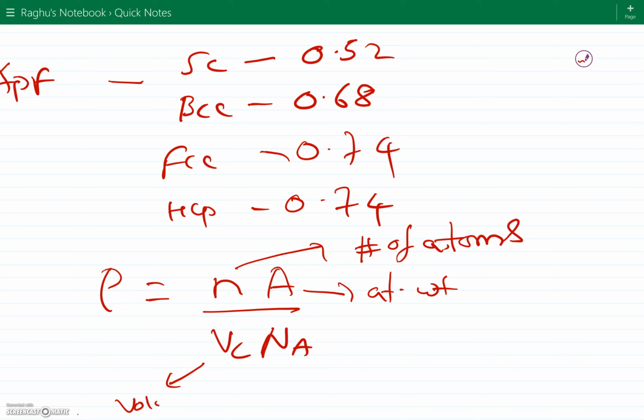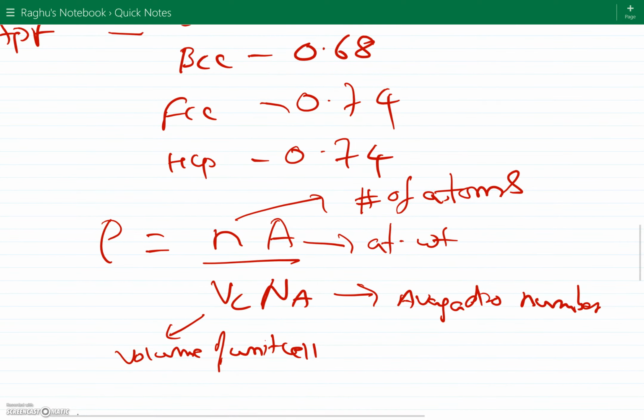This is the volume of the unit cell. This is the Avogadro number. You should be able to get the Avogadro number from the constant table, and atomic weight from the data table. Number of atoms and volume of unit cell, you should be able to calculate based on what crystal structure it is.